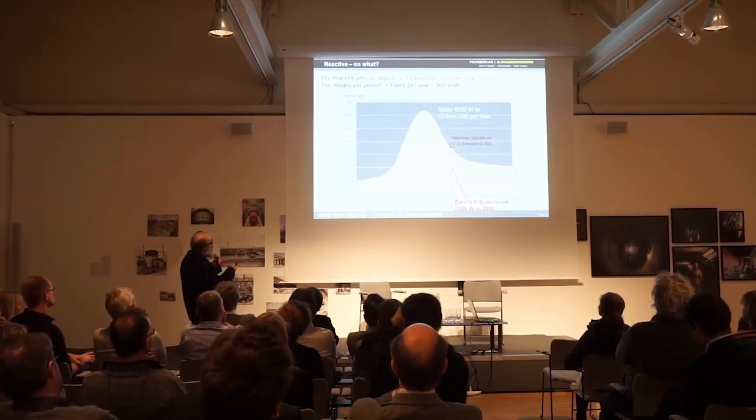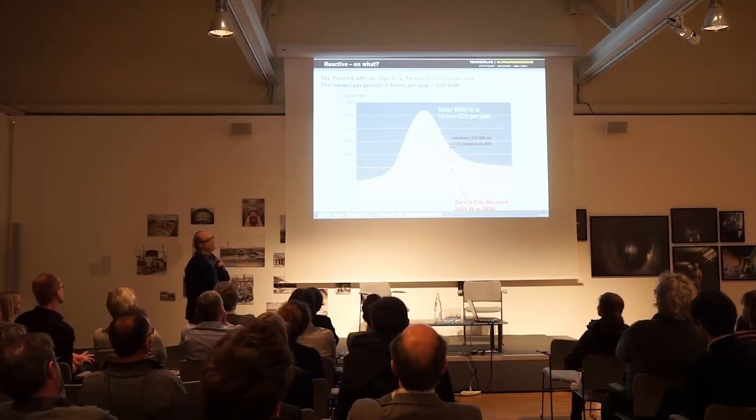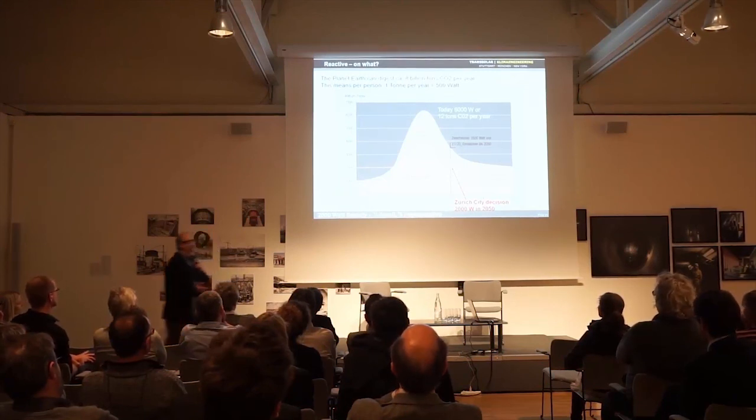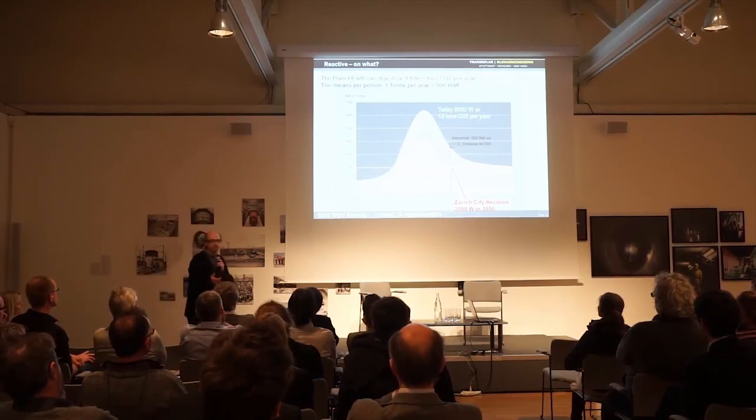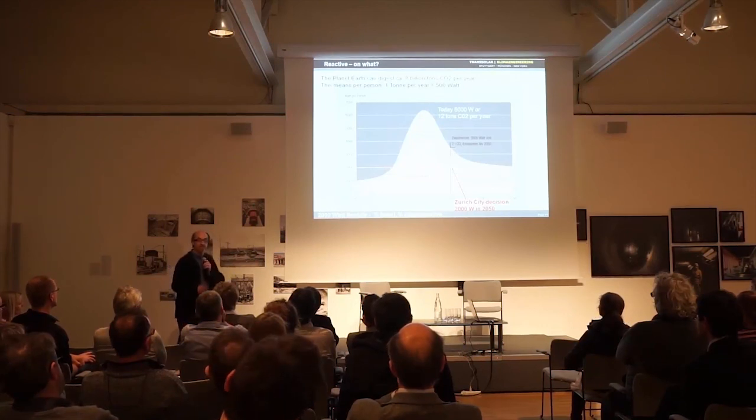This means, as we are close to 8 billion people, each of us has 1 ton of CO2 per year. Today, I think the Germans are at 11, the Swiss people are at 12, I think the French are similar, 11, 12 tons. So we have to get it down by a factor of 10. That's not only 50%, that's a lot.